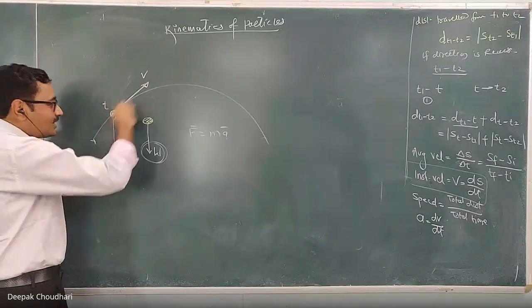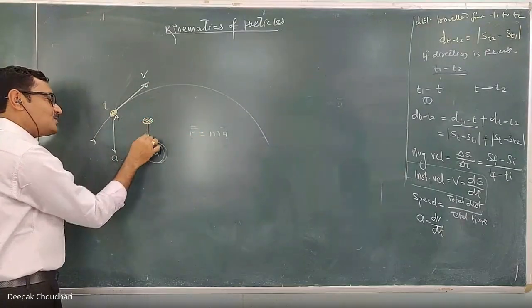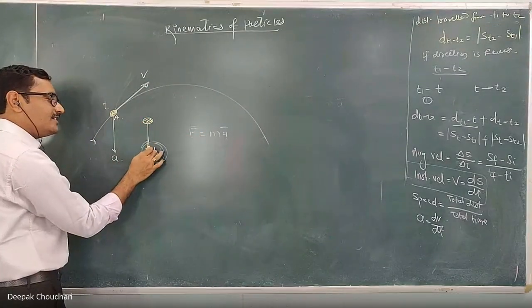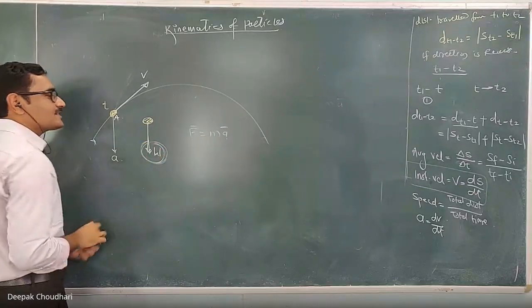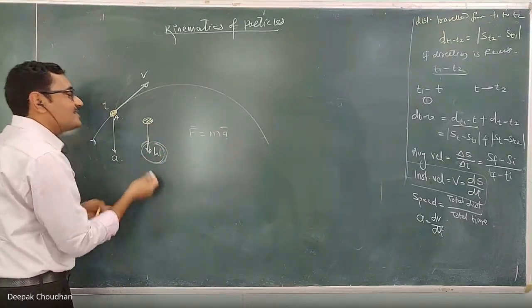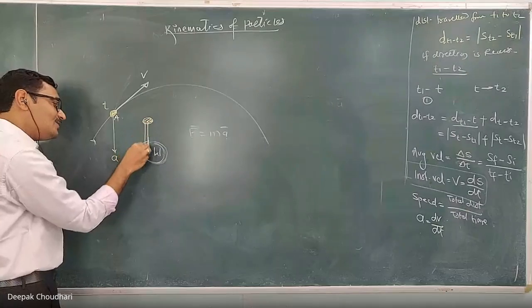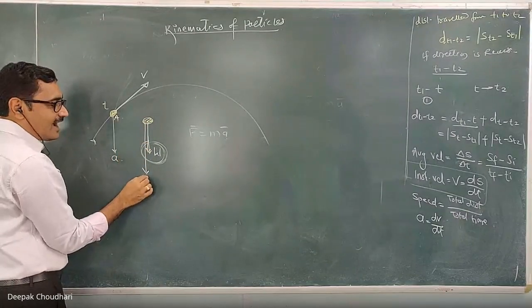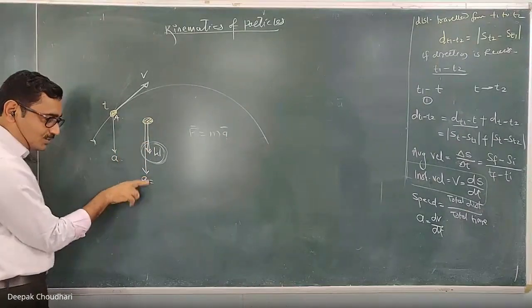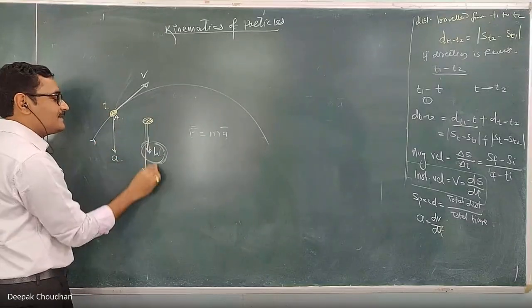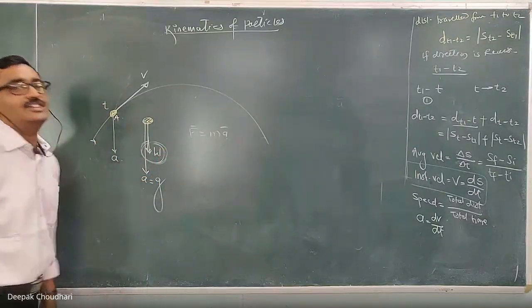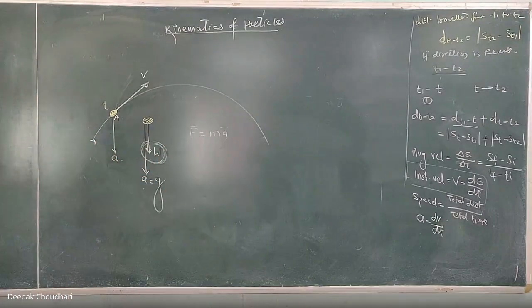So during projectile motion, since the unbalanced force, the gravitational force, acts vertically downward, the acceleration produced because of it will also always be vertically downward. Since this acceleration is produced because of the gravitational force, it is known as the acceleration due to gravity, which is always vertically downward.